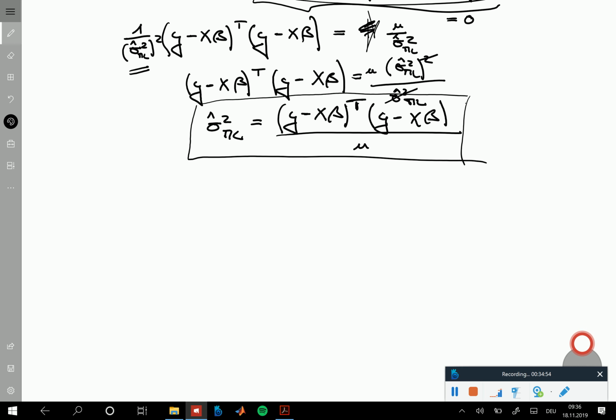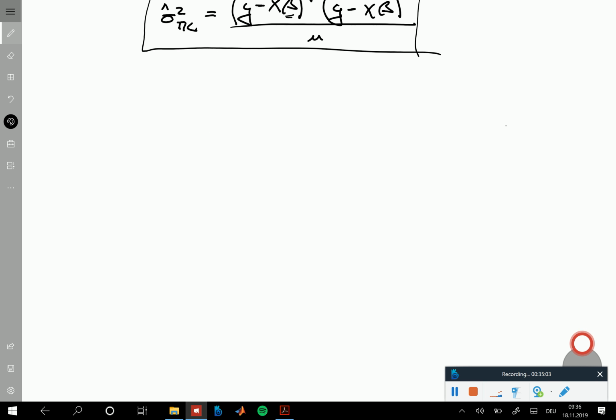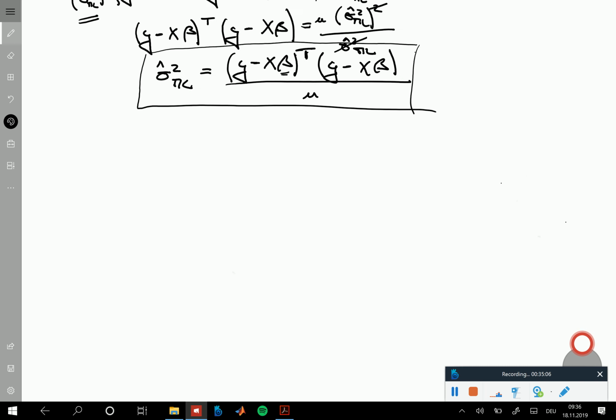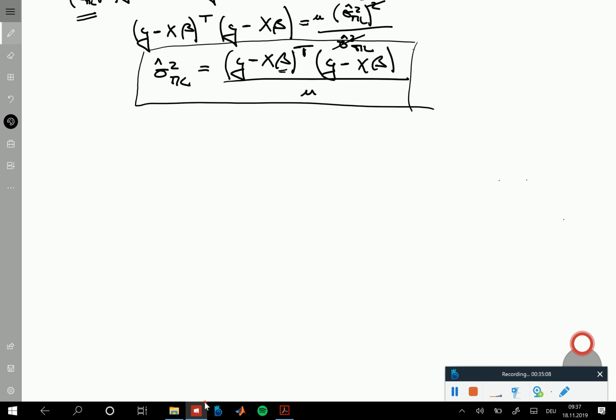The problem with this formula, as I already mentioned, is that it rests on this beta, which we don't know, but we have a maximum likelihood estimate for it. So in real life we would use sigma square ML being y minus x beta hat ML, transposed, y minus x beta hat ML, divided by n.